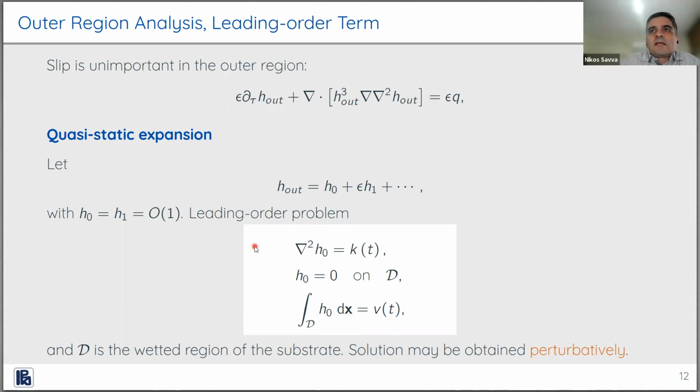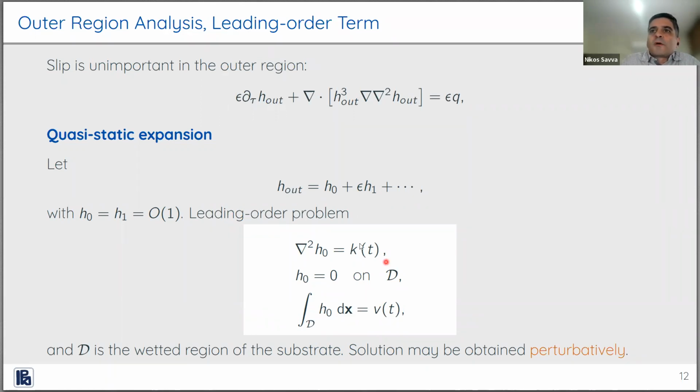At leading order, we get the Poisson equation with zero conditions on the boundary. D is the boundary of the wetted area, and the integral of this is equal to the volume.